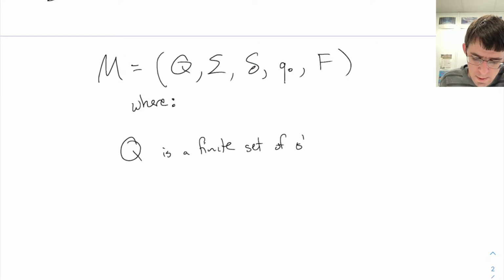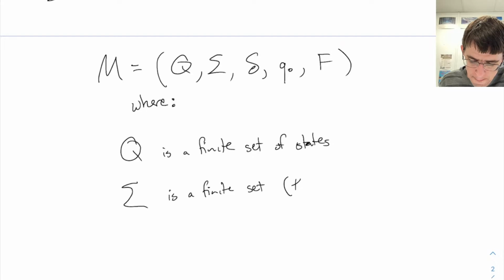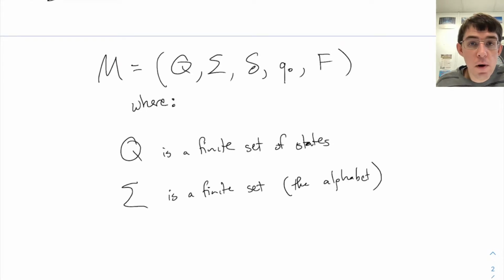The number of states still has to be finite. So the Q is a finite set of states. The sigma is another finite set, and this is the alphabet. The sigma also has to be finite.